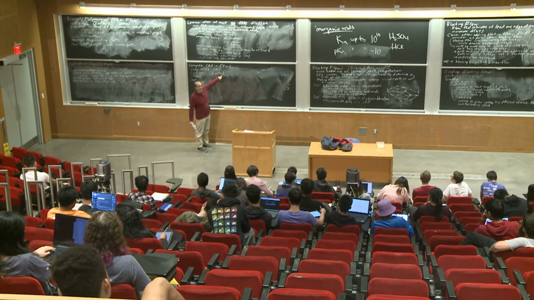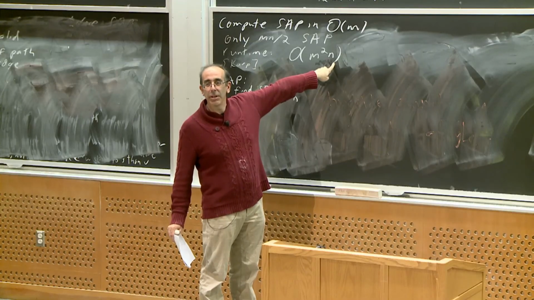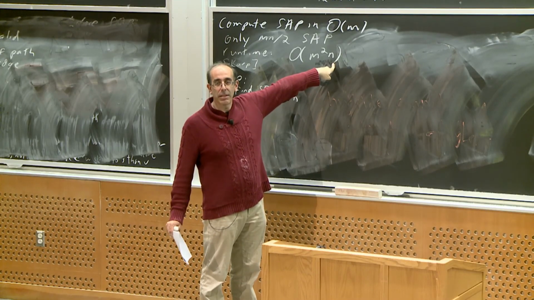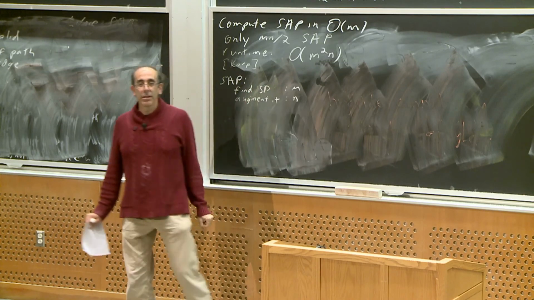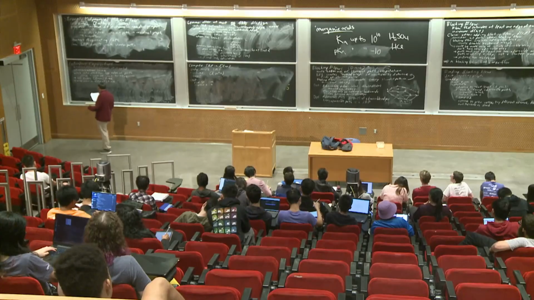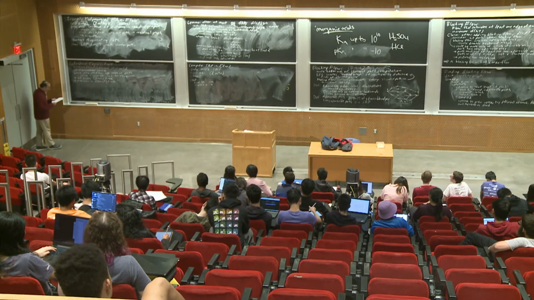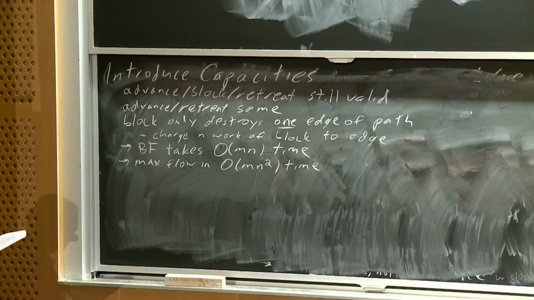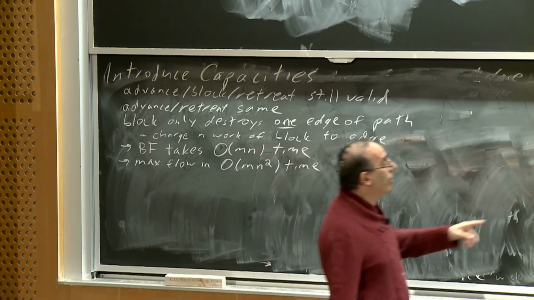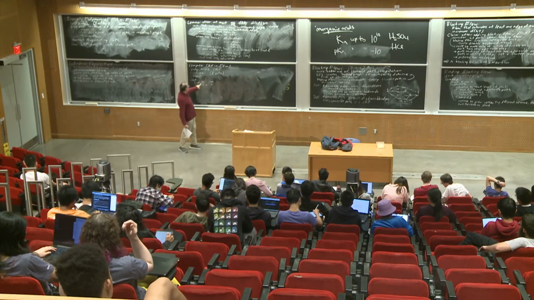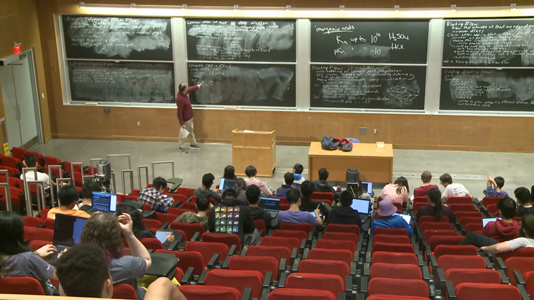So we've just replaced m by n in our time bound, which is very important if your graph is dense. Okay? So we have something. And essentially, we're changing the m to the n, right? So this is exactly what I was talking about as our motivation for blocking flows.